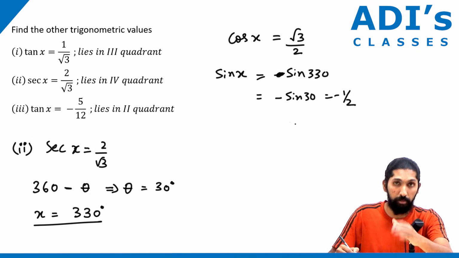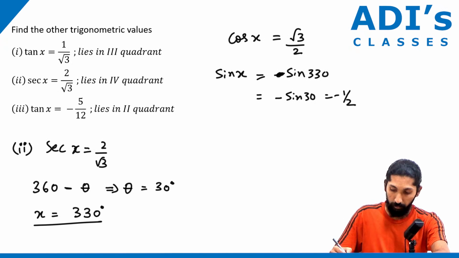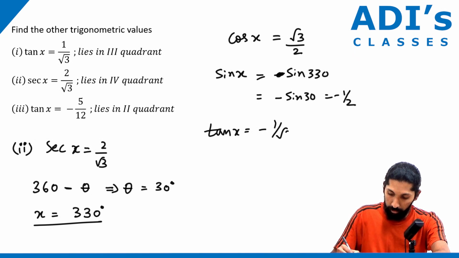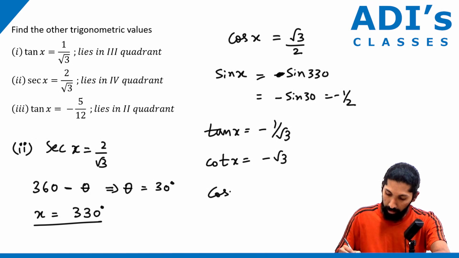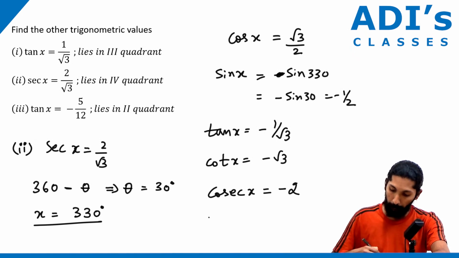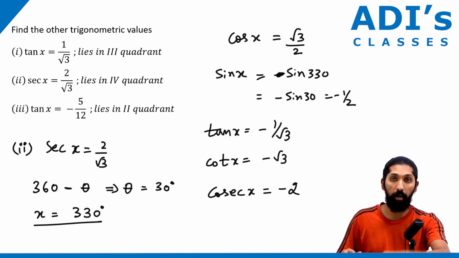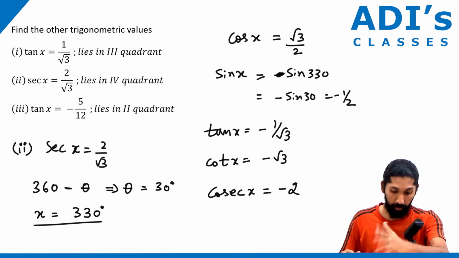I think it's much better way of writing. Okay, then tan of x is equal to minus 1 by root 3. Cot x is equal to minus root 3. Cosecant x is equal to minus 2. So these are the rest 5 trigonometric functions.